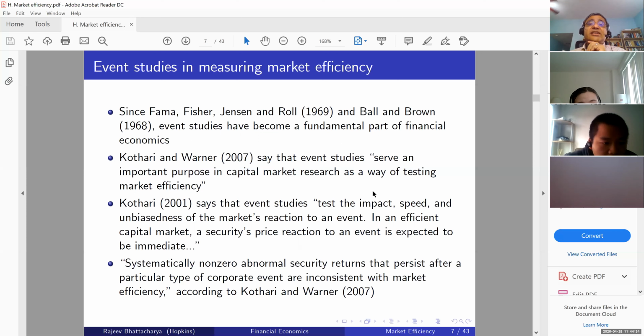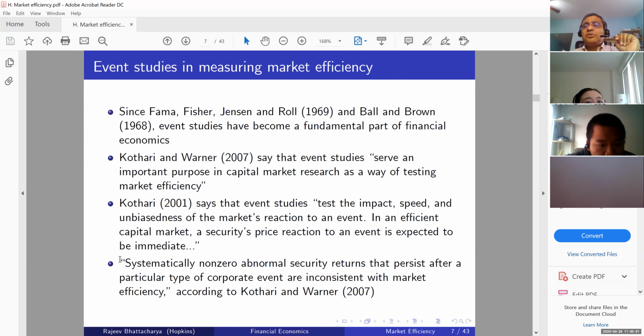So, for instance, they say event studies serve an important purpose in capital market research as a way of testing market efficiency. Kothari also goes on to say that event studies test the impact, speed, and unbiasedness of a market's reaction to an event. And in an efficient market, the security price reaction is expected to be immediate.